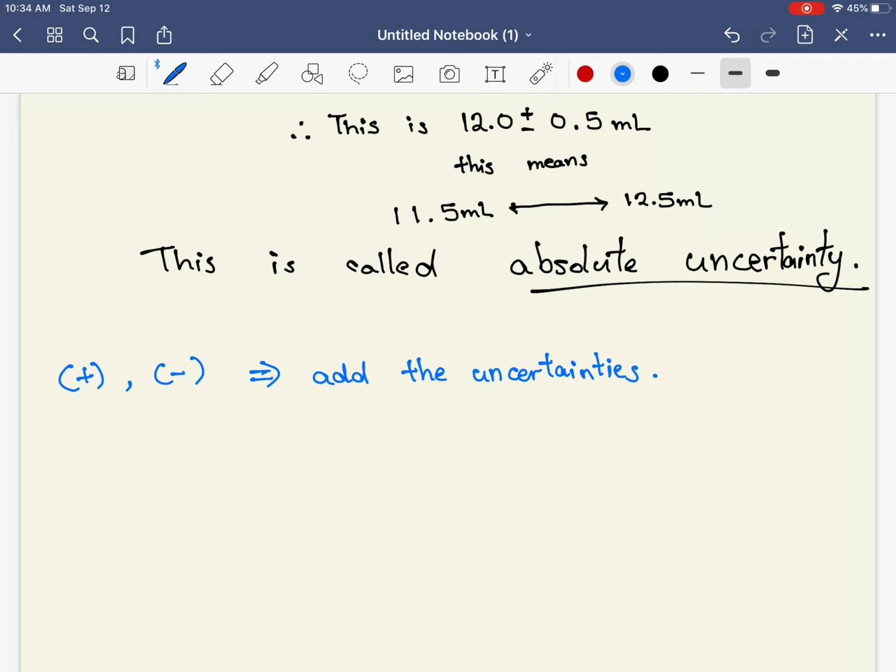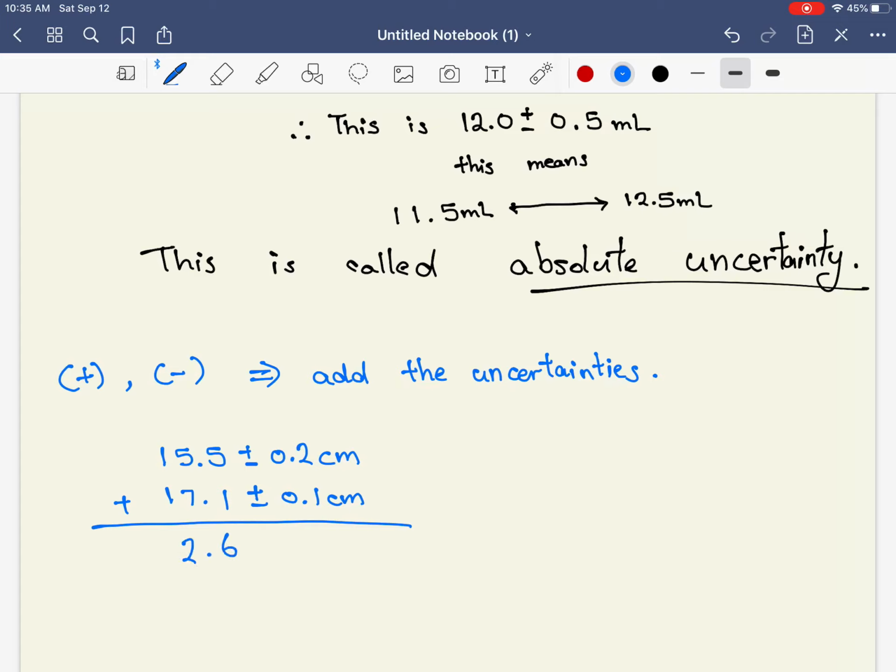Let's do a couple of questions here, one addition and one subtraction. I have right here 15.5 plus or minus 0.2 centimeter plus 17.1 plus or minus 0.1 centimeter. What would the answer be? How would you report the answer? You would do the addition of the measurements as is.